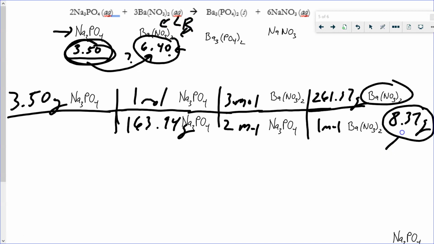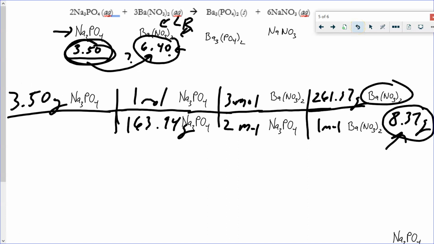Now, had this number that we calculated been less, that would mean that the 3.5 grams of the sodium phosphate would need less than we actually had of this number, and that would mean that the sodium phosphate is the limiting reactant, but it's not. And so we can determine from this one problem that the barium nitrate is the limiting reactant in this problem.